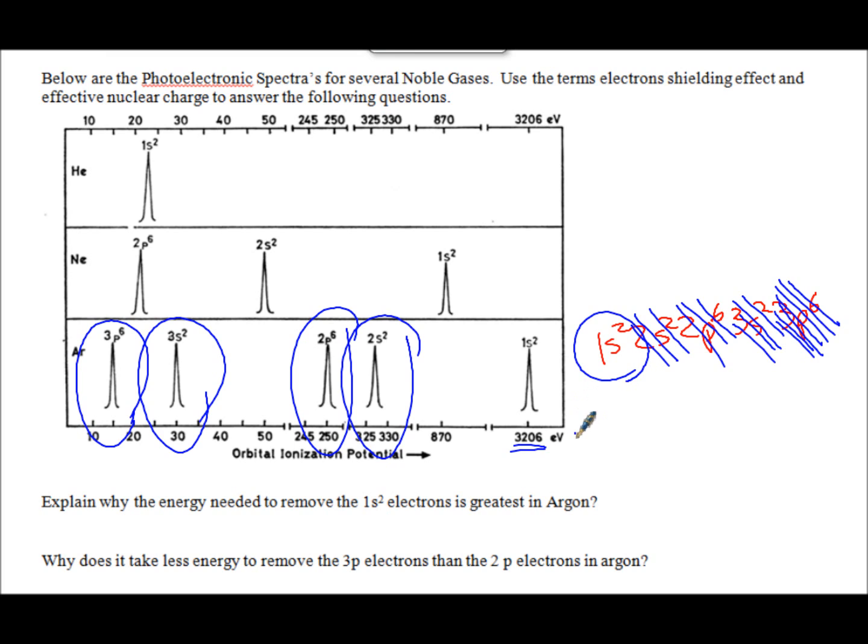And so argon has 18 protons, and they've removed, at this point, 16 electrons, and there's only 2 more electrons left. These protons are going to have a crazy, intense pull and attraction to the remaining 2 that are there. So I'm going to go through and explain why we see such differences in each one.